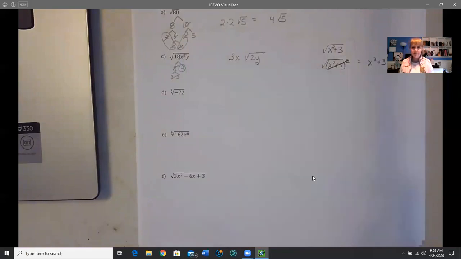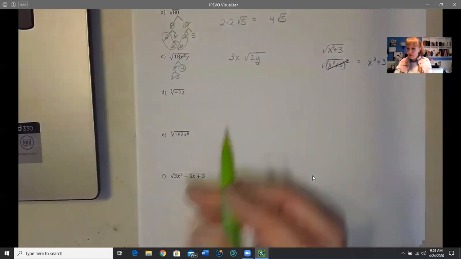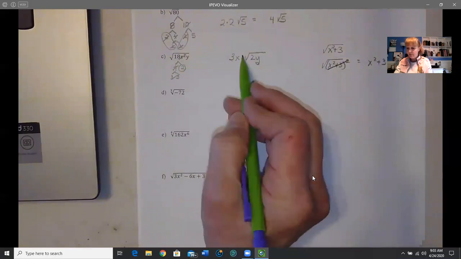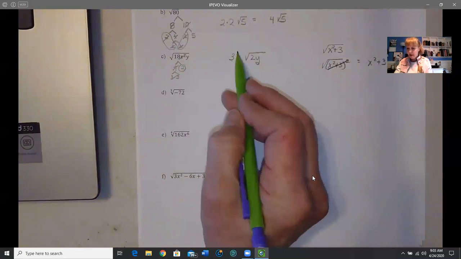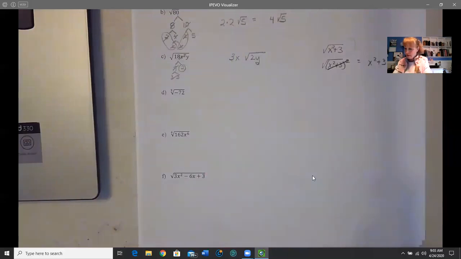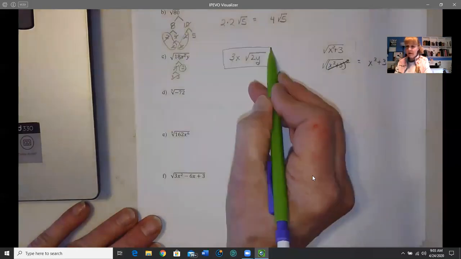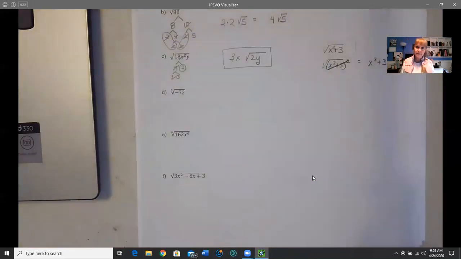And there's your answer. Depending upon what they want, you may have to put absolute values around this x because it came out as an odd powered, but otherwise just leave it. So there's our answer. The 3s came out, the x's came out, but the 2 and the y had to stay. All right, let's look at D.